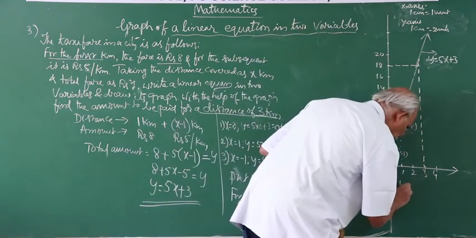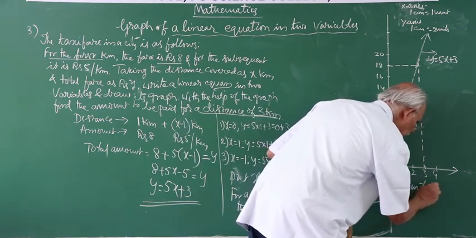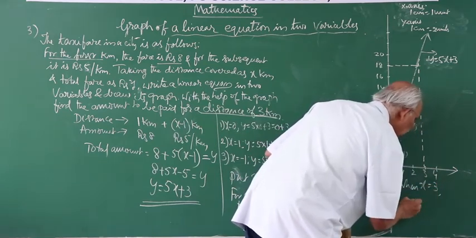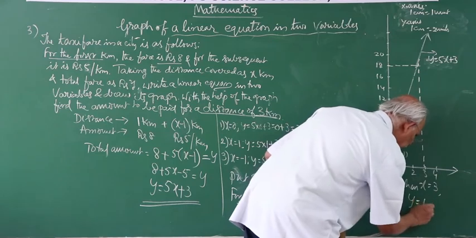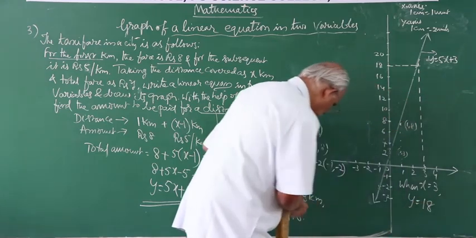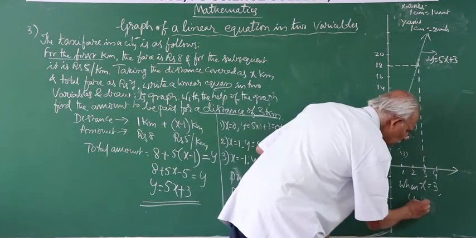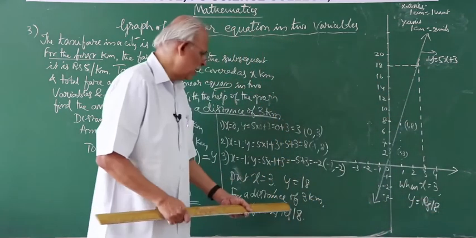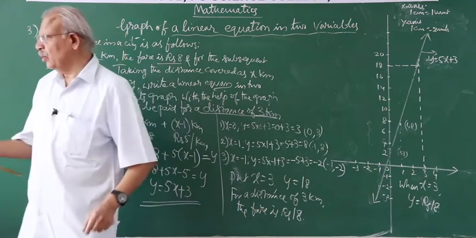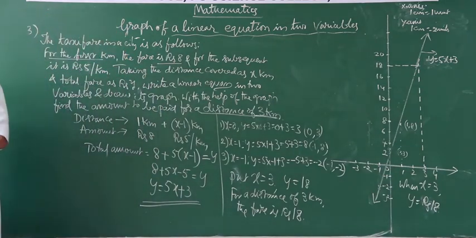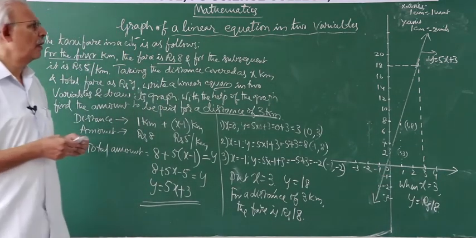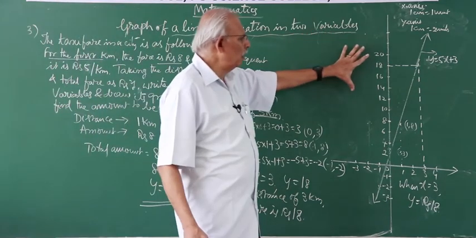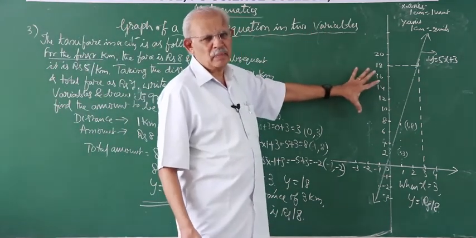So when x equals 3, y equals 18. This is how you have to draw the graph. Look here, the only thing is you have to take scale separately.